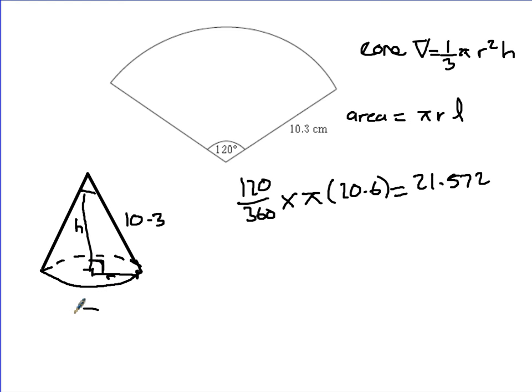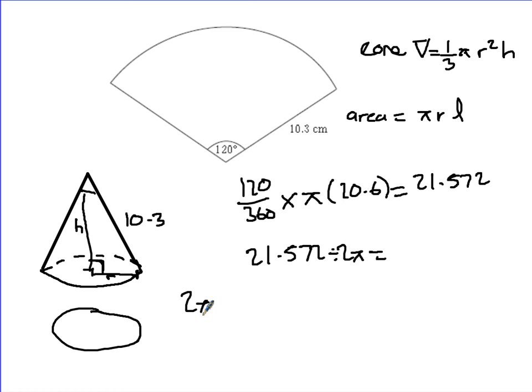If I've got a circle and I know the circumference, I can divide it by 2 pi, because 2 pi r is the distance around a circle. So divide it by 2 pi. That will give me then the radius.